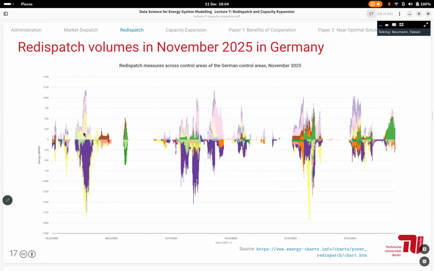We could see, for example, ramping up in the TransnetBW, the southwestern transmission system operator region, and a ramp down in the 50Hertz region. I think it's hourly resolved, and you have something like 1.5 gigawatts in some of the hours.